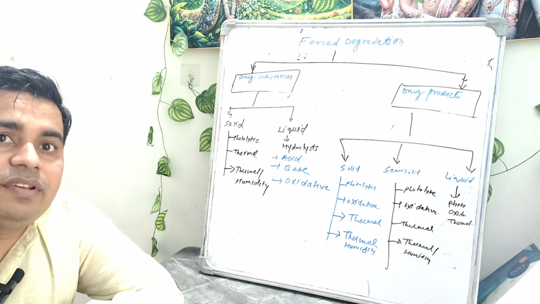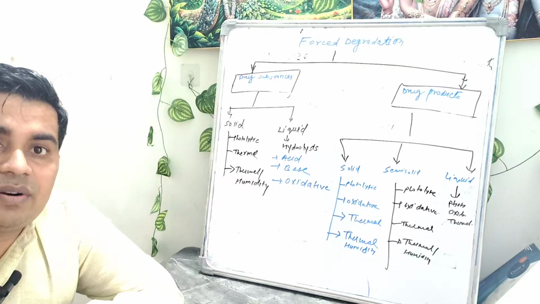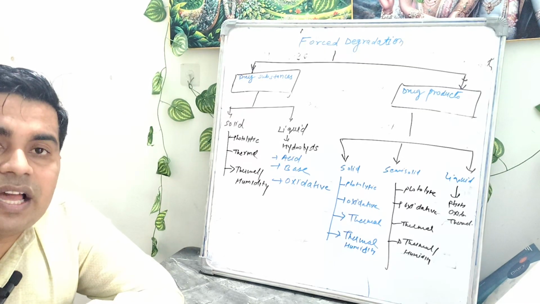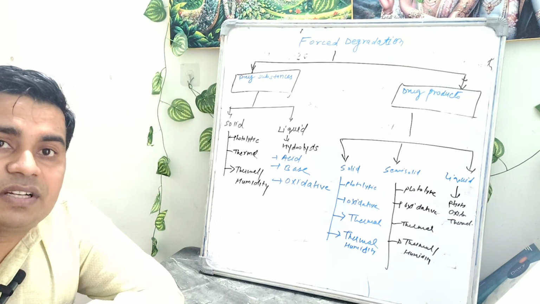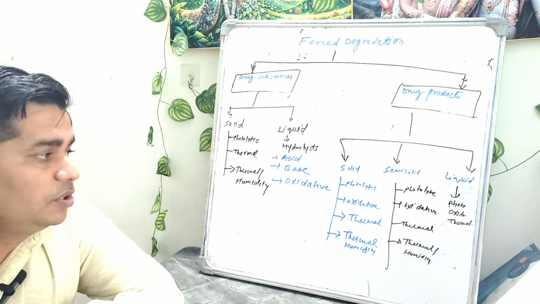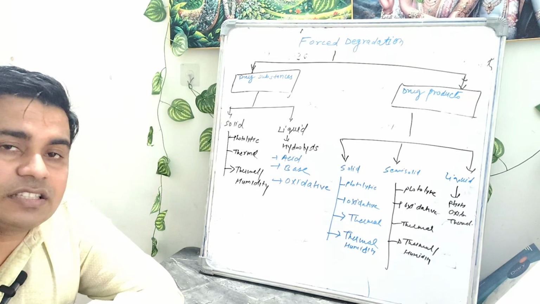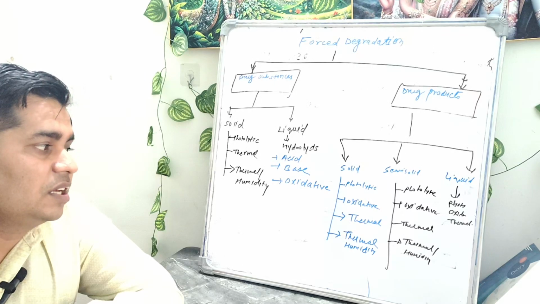Meanwhile, in case of base hydrolysis or alkali degradation, we use NaOH. For hydrogen peroxide, a 3% solution should be used to access the oxidative pathway of any drug substance and compound, known as oxidative degradation.